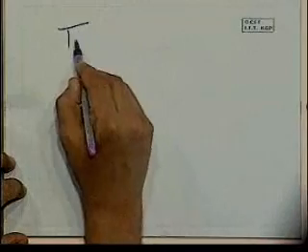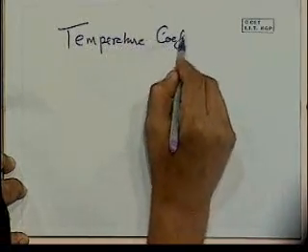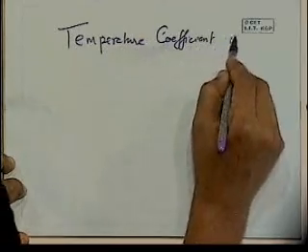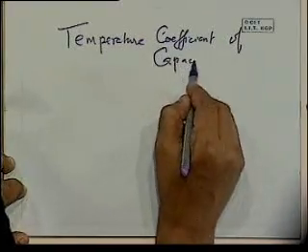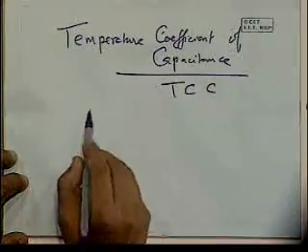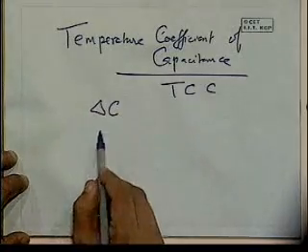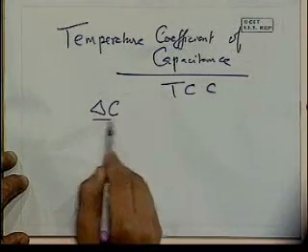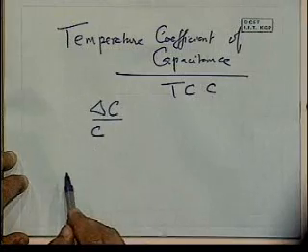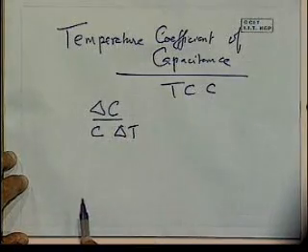We will define a term called the temperature coefficient of capacitance, or TCC. Basically, the definition is the change in capacitance, delta C, or the fractional change in capacitance, so delta C by C, per unit change in temperature.